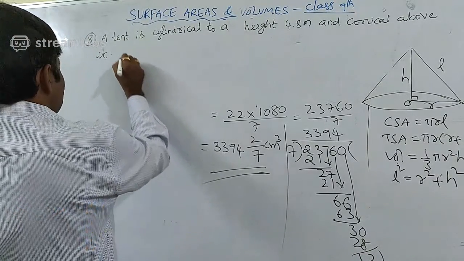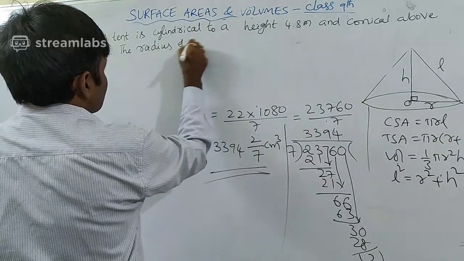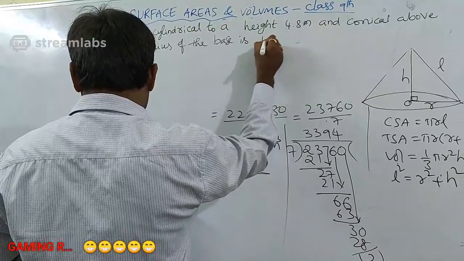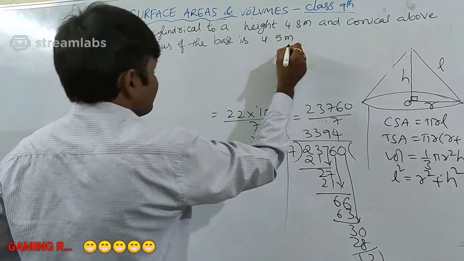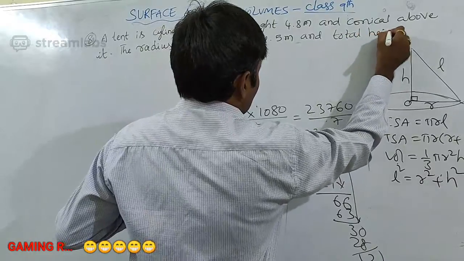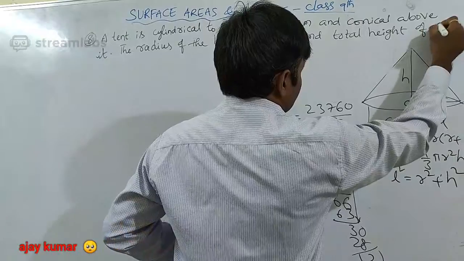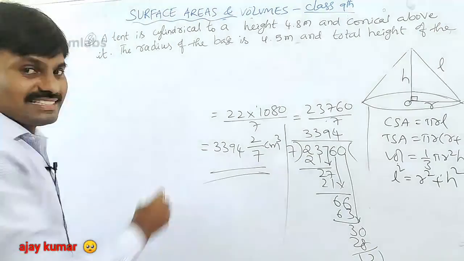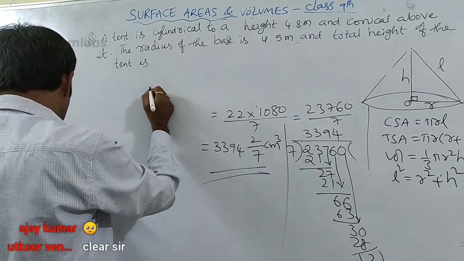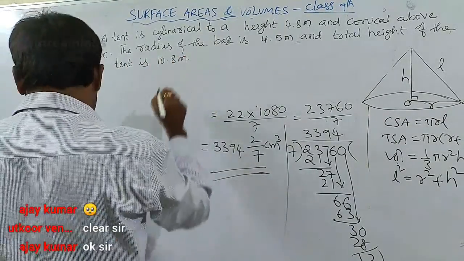The radius of the base is 4.5 meters and the total height of the tent is 10.8 meters.